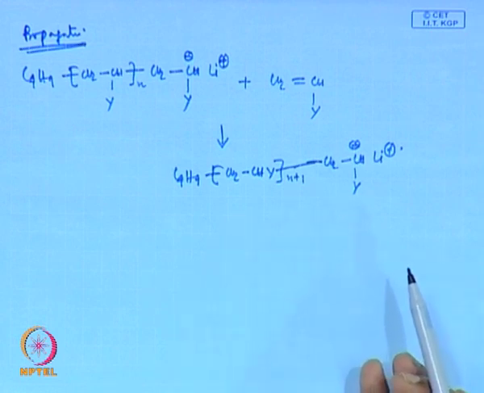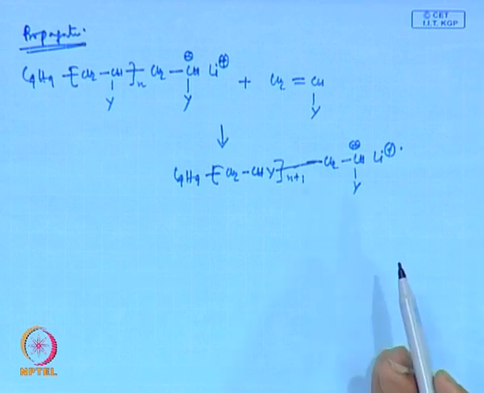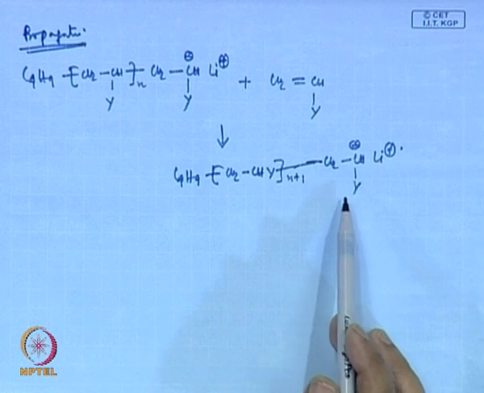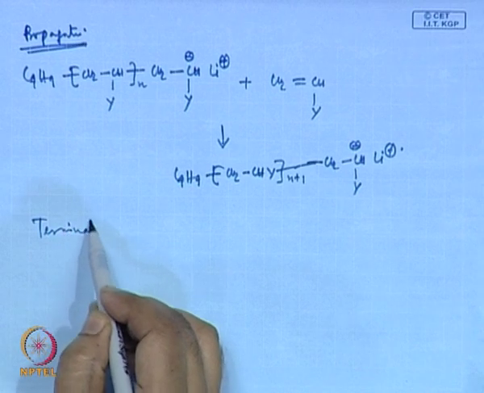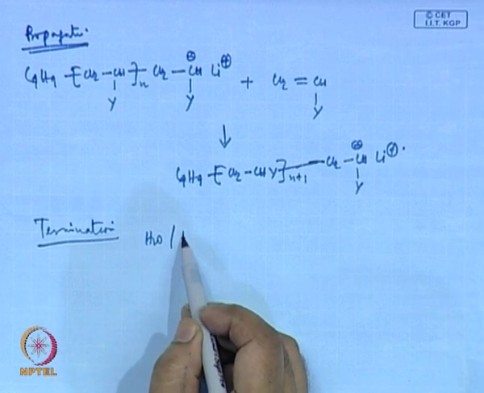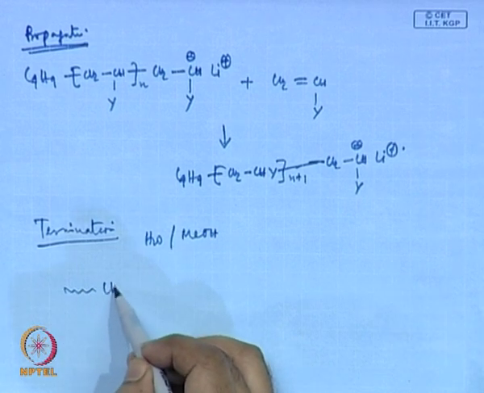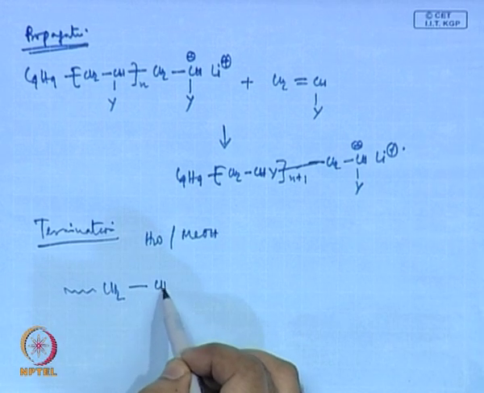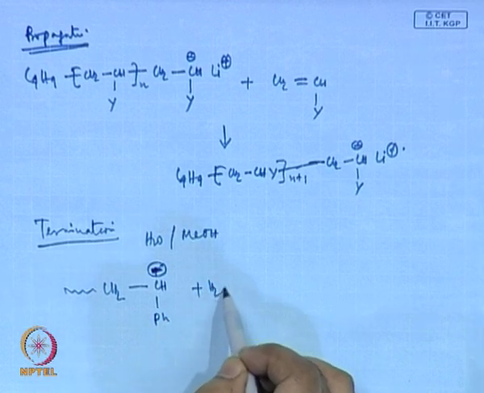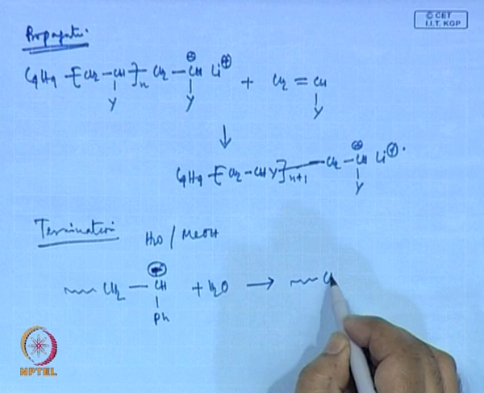But if you want to stop the reaction for whatever reason, then you can add a reagent, which could be alcohol or water, which can react immediately with this active carbanionic chain end and stop the reaction. So, for termination, you can add H2O or methanol or any other alcohol, which can terminate the reaction very quickly.